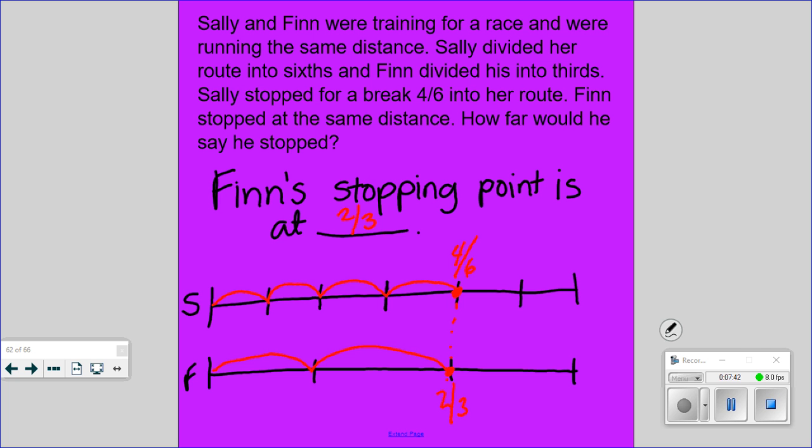They look different. It seems like 4/6 would be bigger because it's got a 4 and a 6. But we see on our number line they're at the exact same spot.